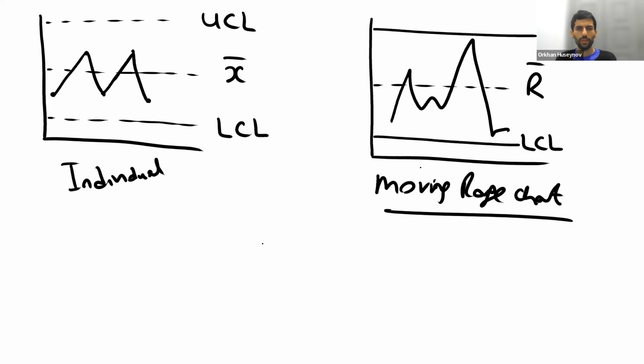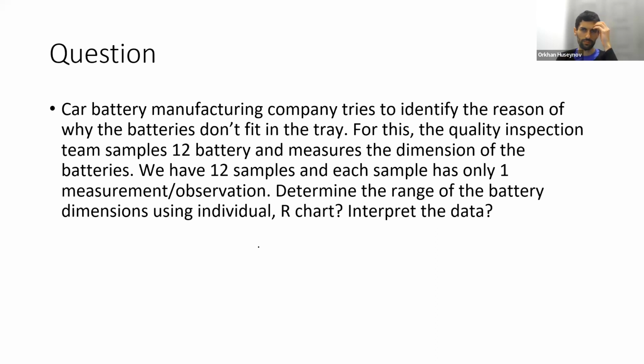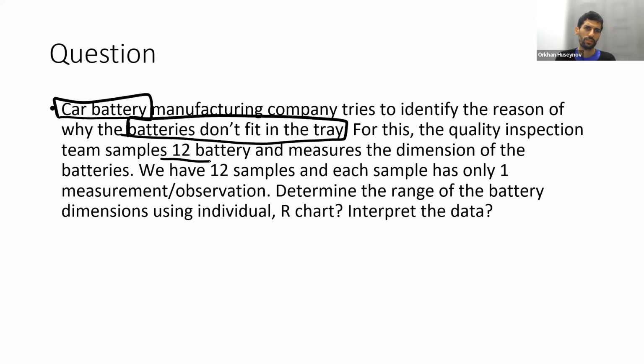We have a simple example here. We have a car battery manufacturer, and the batteries have a problem that sometimes they don't fit in the tray. We are testing 12 batteries, I mean 12 samples.